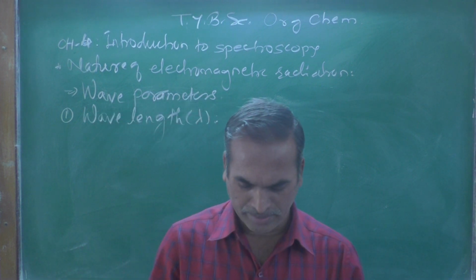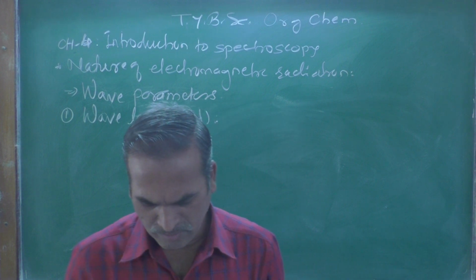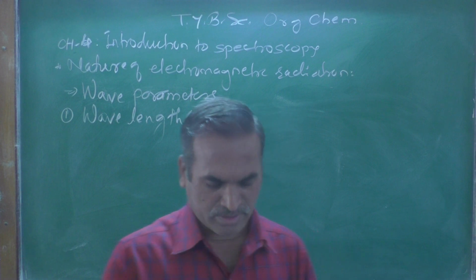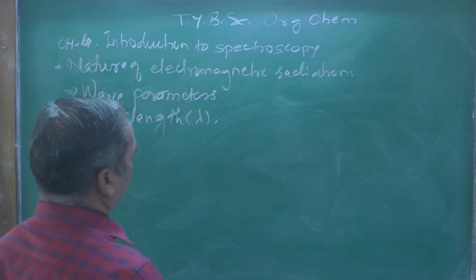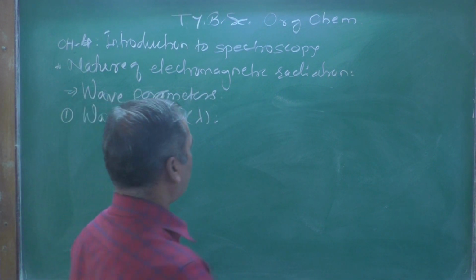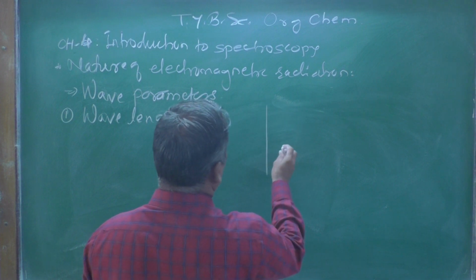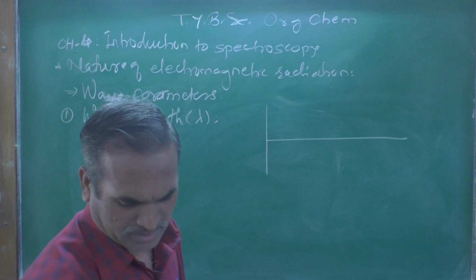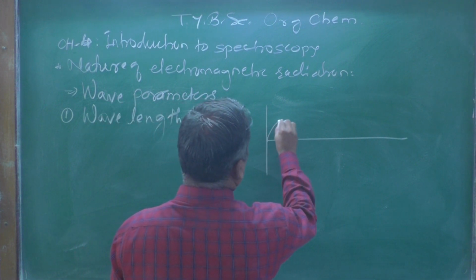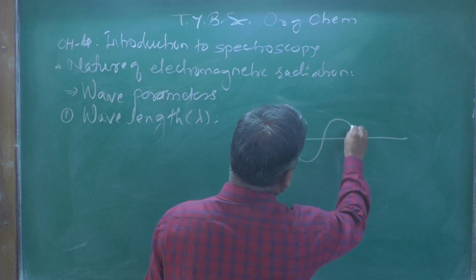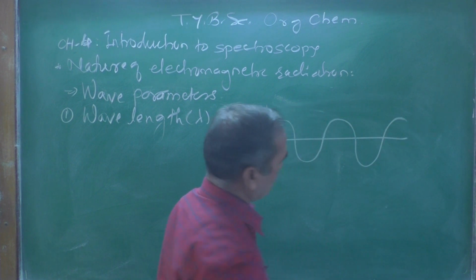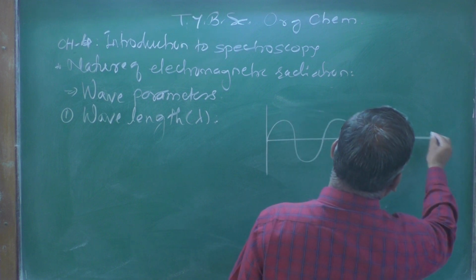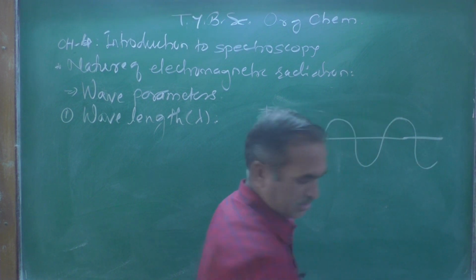What does it mean? One wave consists of one crest and one trough. For that, let me give one example over here. Suppose this is the x-axis, then we can draw this type of wave function.